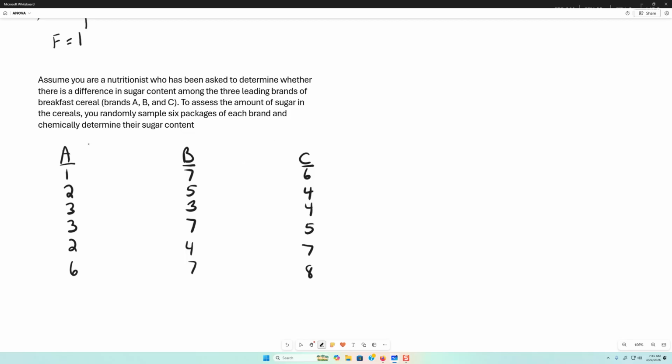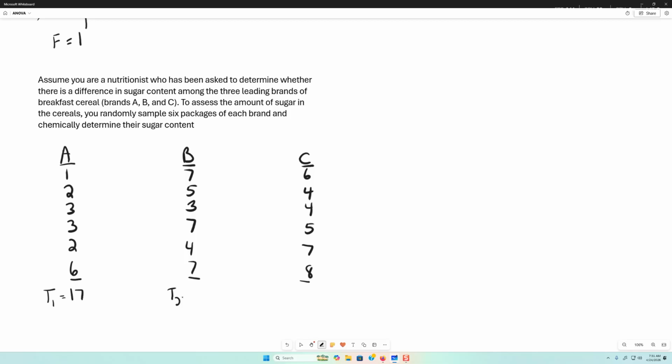So the first thing we do is we have this data out here. I'm going to then add up each of these 3 columns, and that gives me the sums of A, B, and C. We call these T, total. So total of group 1, because this is group 1. We're going to call this 17.